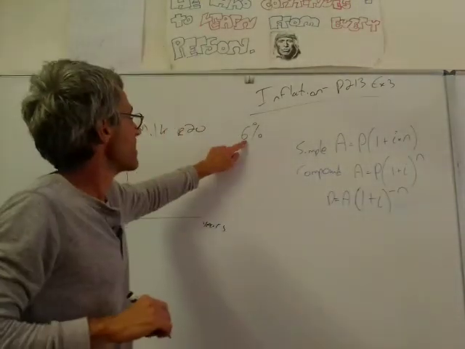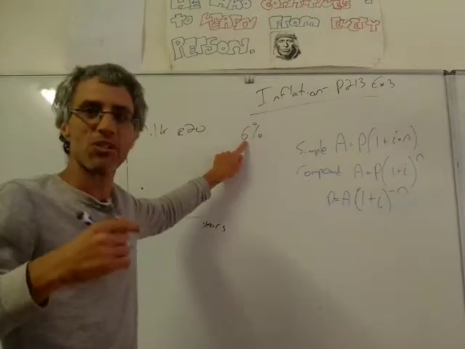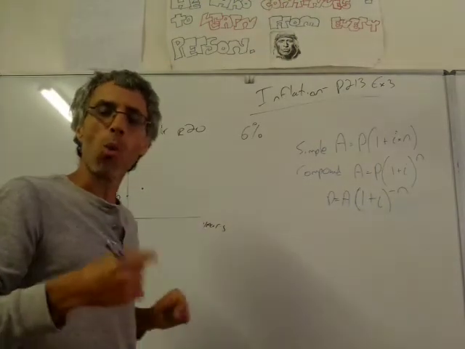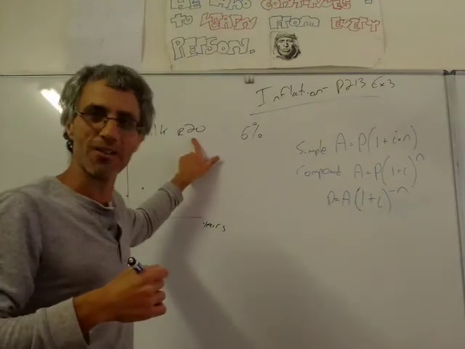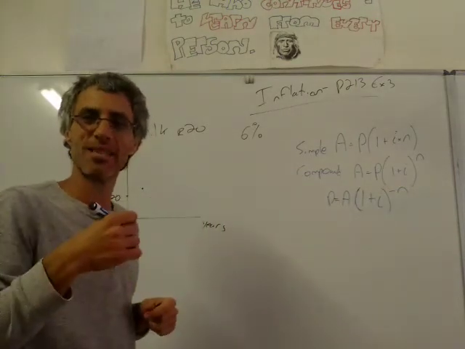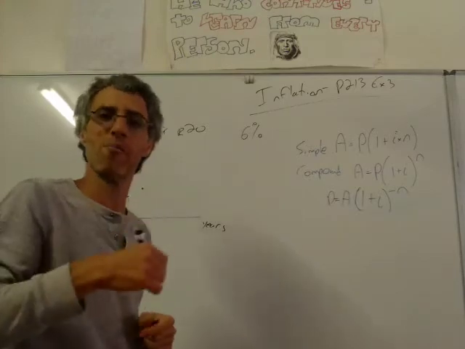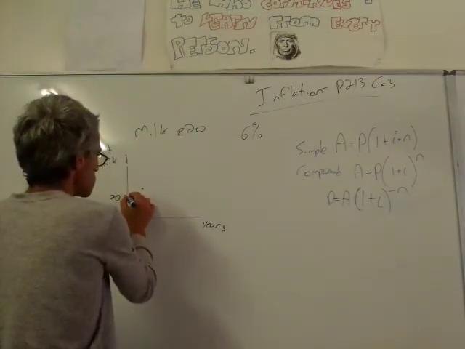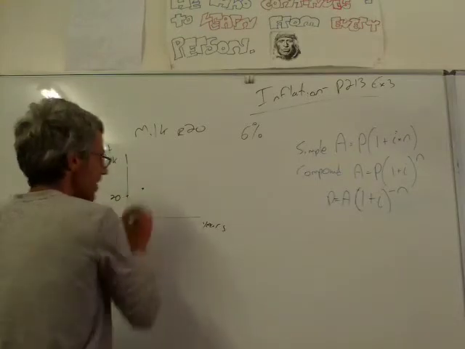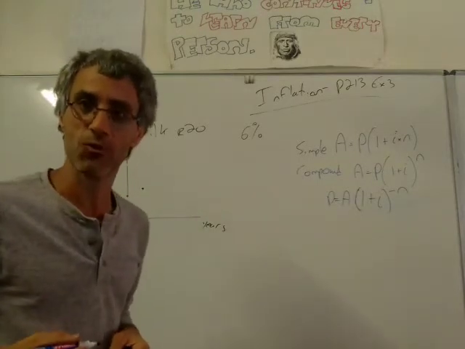Because when I say the price of milk goes up by 6% every year, we're adding 6% not just on the 20 rand, we're adding 6% on the cost of the milk that year. So after 1 year, it's going to go up from 20 to 21 rand, let's say. We add 6% of 20.